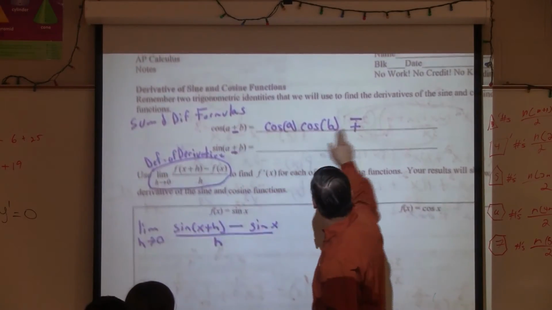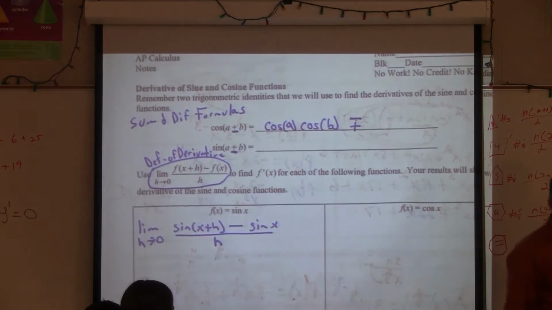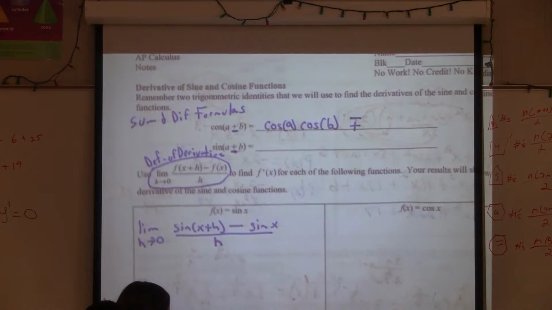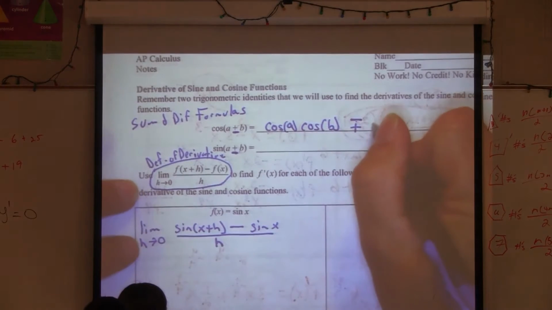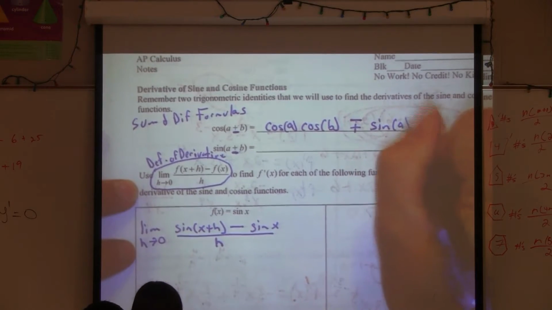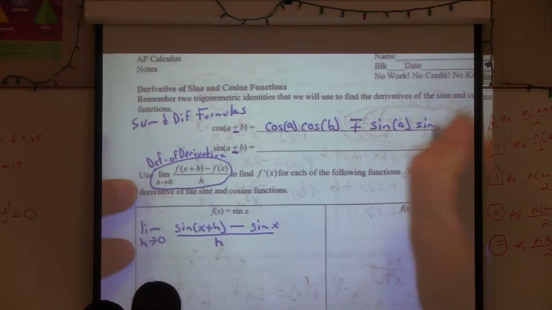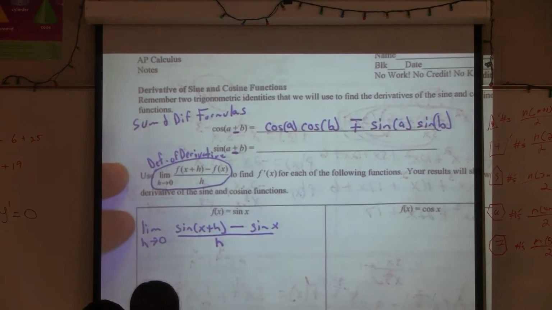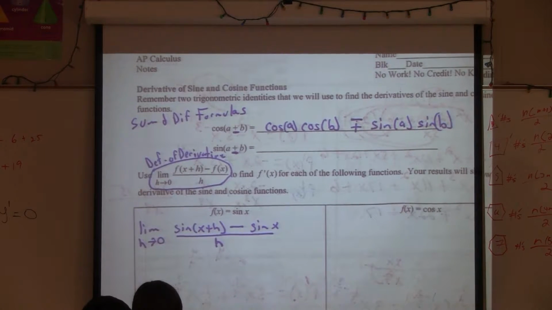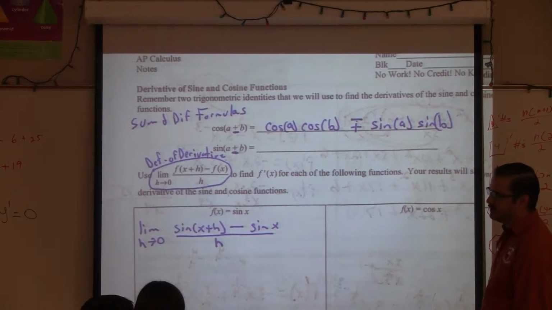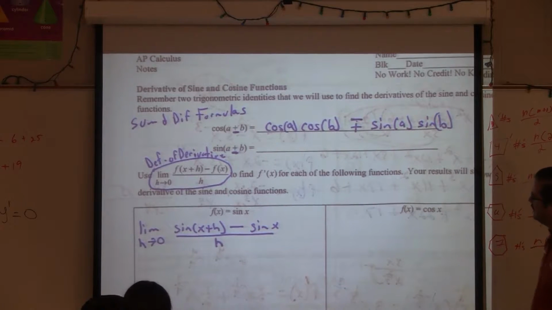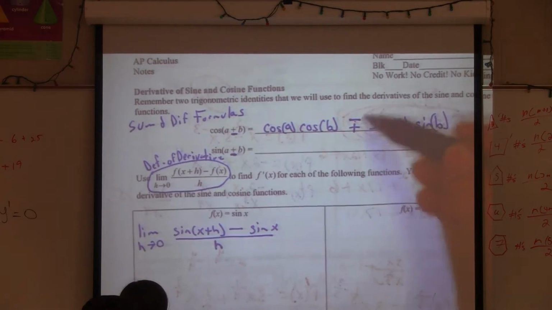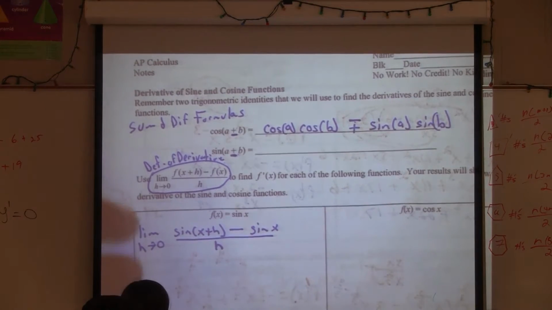If it's a minus here, we put a plus. Got it? And then on the other side, it's sine of A times sine of B. Pretty good? Cosine, cosine, sine, sine, AB, AB. Easy? Remember to flip the sign depending on what it is.